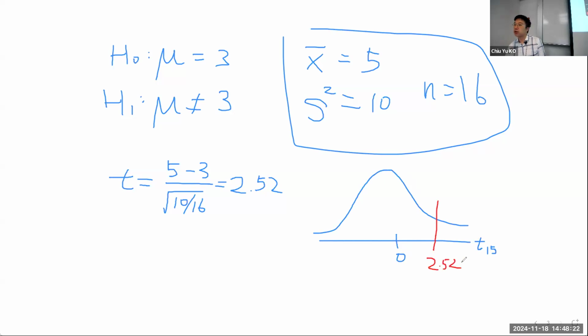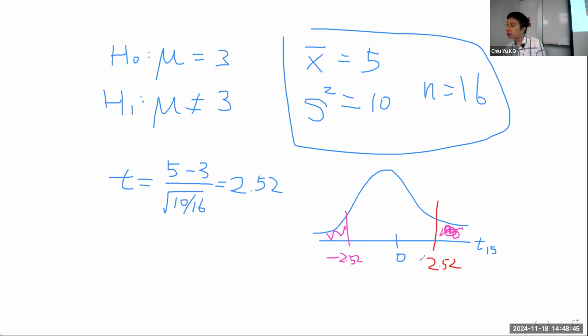What's the p-value? The p-value is the significance level just to reject. It's a two tail test, two sides, so we have this area and this area, symmetric, with 2.52 here.